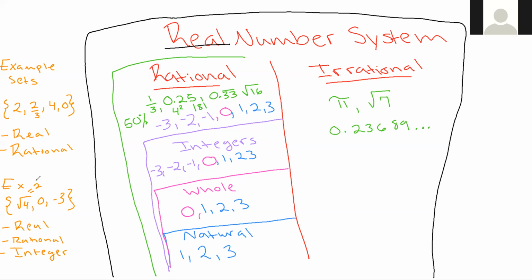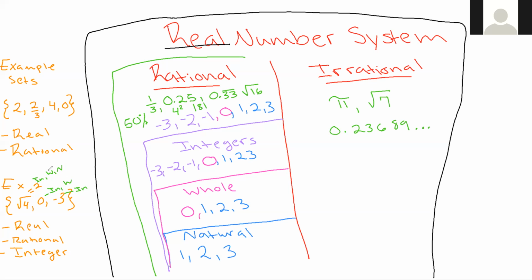We already know that it's rational, so we said this is an integer, this is whole, and this is natural. 0, we said it's rational and real, so we already have that. So it's also an integer, and it's whole. -3 is rational and real, and it's also an integer. Okay, so they all have integer in common, so I can use integer.